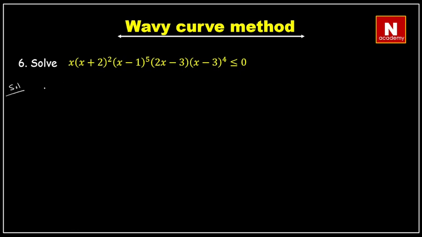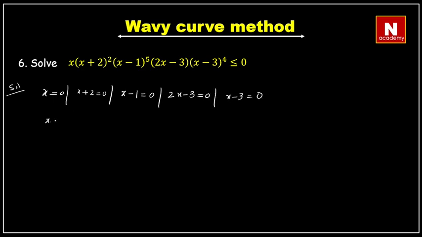In step 3 you should find critical points, meaning equate each bracket to 0: x = 0, x + 2 = 0, x - 1 = 0, 2x - 3 = 0, and x - 3 = 0.